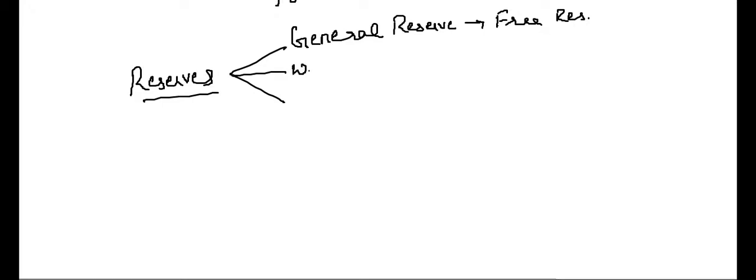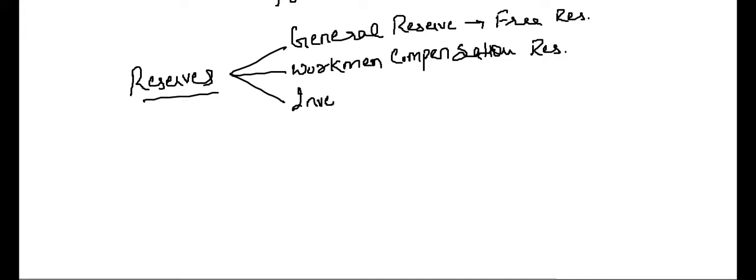Then one we have is workmen compensation reserve. Another one we have is investment fluctuation reserve.